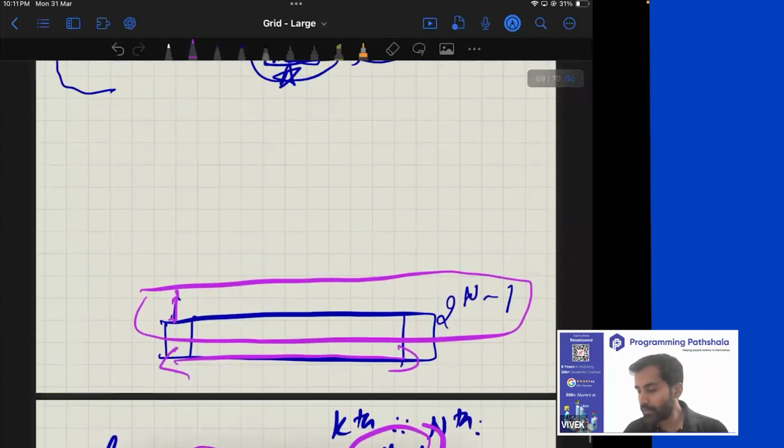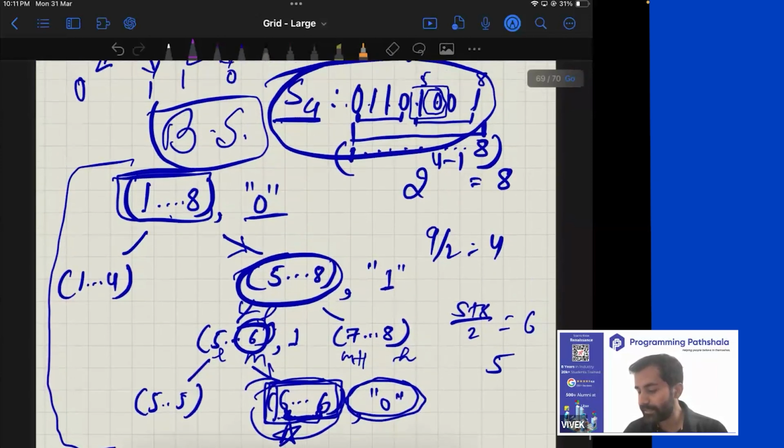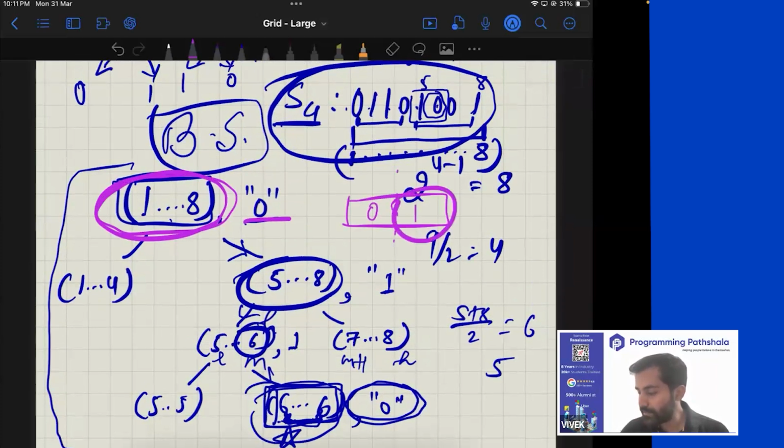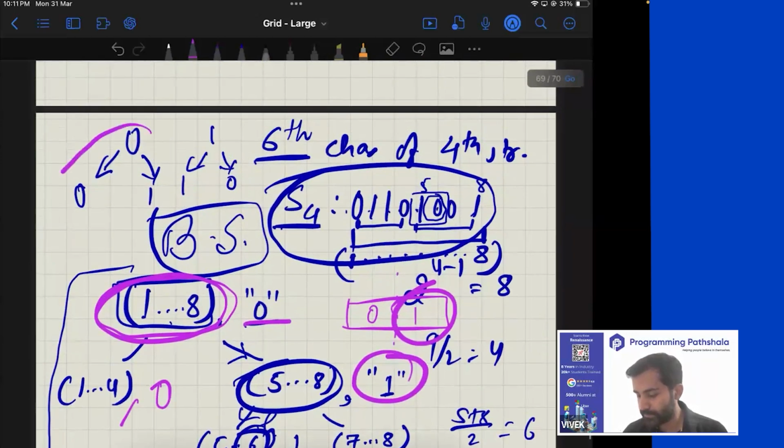Okay, some of you asked how current is changing. You didn't get it. See, the initial string is representing 0. And if some string is representing 0, then 0 splits as 0, 1. So if you go right, you have to change it to 1. And if you go left, you have to change it to 0. That is what I showed here.